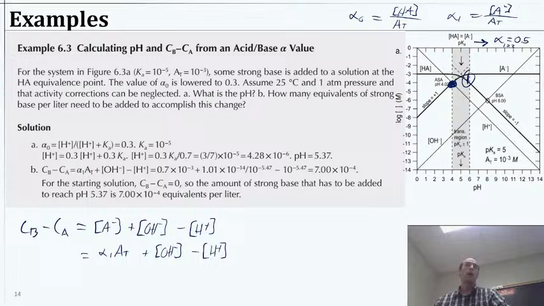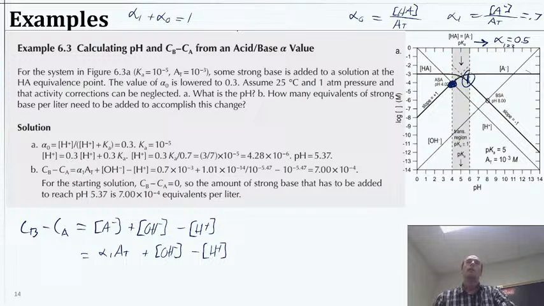Yeah, it's going to be to the right of the pKa, because we went from the acidic condition where it was mostly HA, so alpha 0 was close to 1, and now alpha 0 is 0.3. That means the new alpha 1 should be 0.7, because alpha 1 plus alpha 0 equals 1.